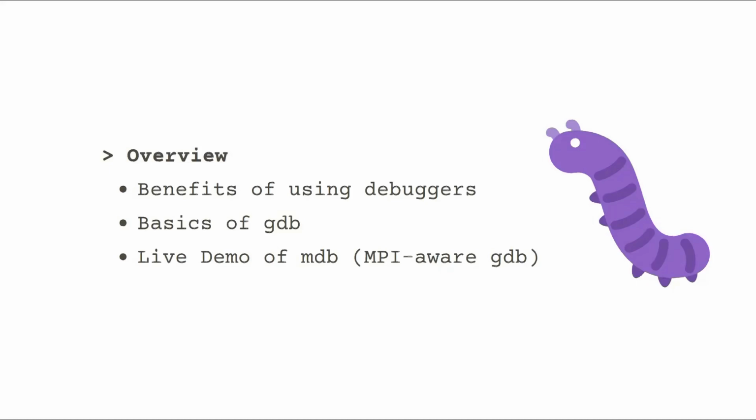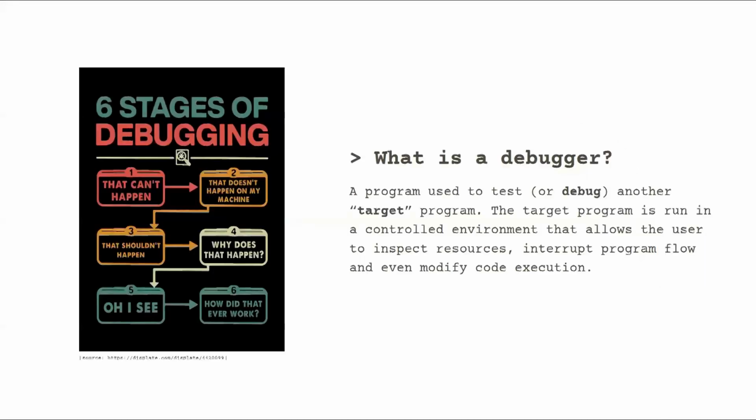But one of my main focuses of the talk is going to be my live demo. I've created a tool called MDB, and it's an MPI-aware debugger. I felt like there was a gap in the open source software space, where I didn't have nice tools for debugging MPI programs.